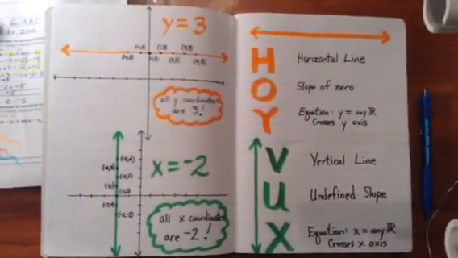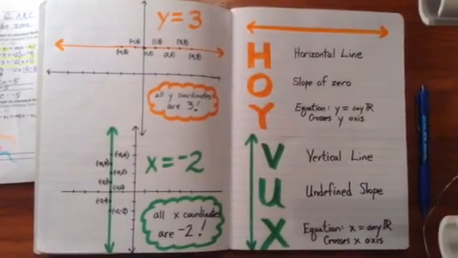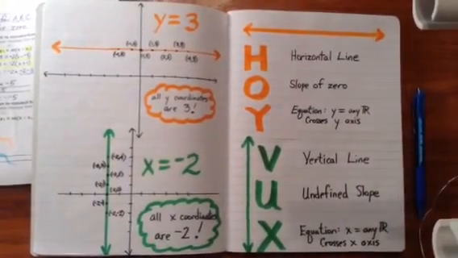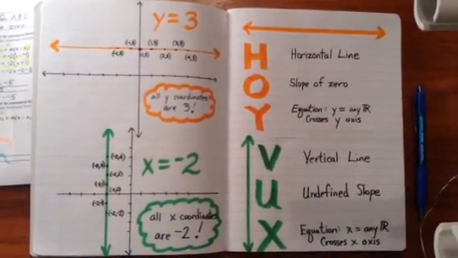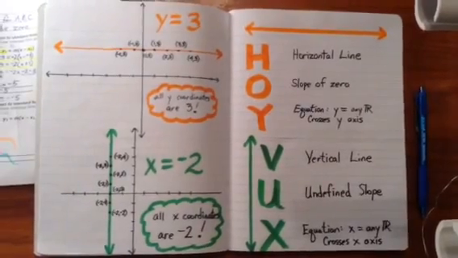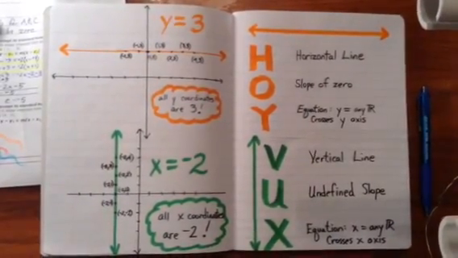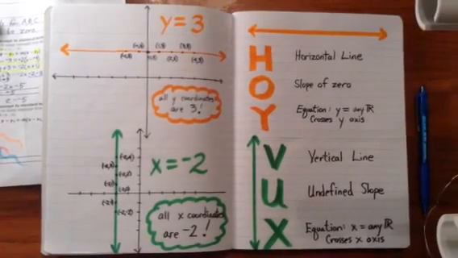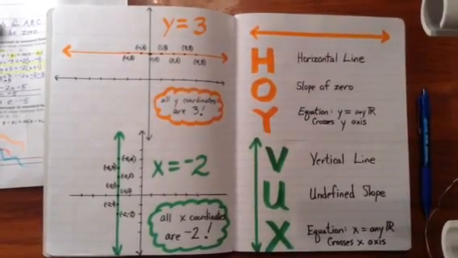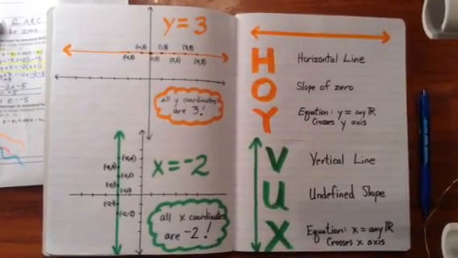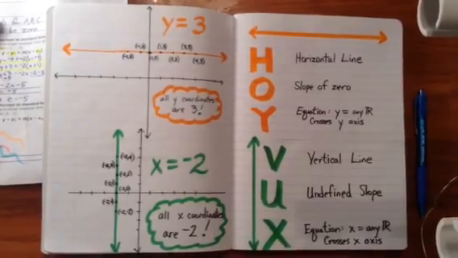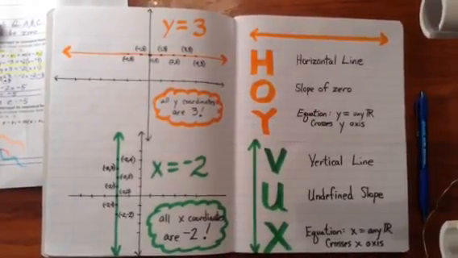Now we go green. The V stands for a vertical line, north and south. It has an undefined slope. That means there's a 0 in the denominator. That's a no-no. Put it in your calculator and see what your calculator tells you if you divide anything by 0. And the X means the equation will start with an x equals, and it will cross the x-axis.